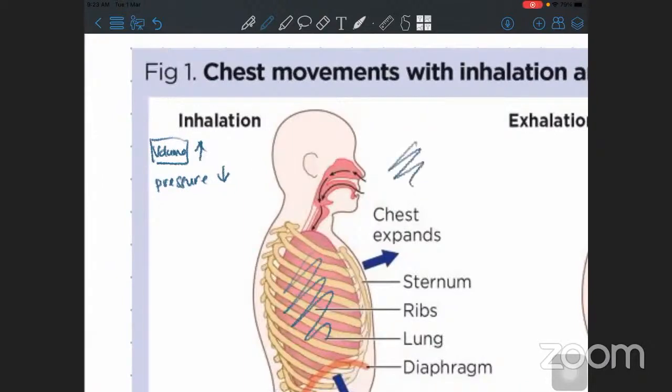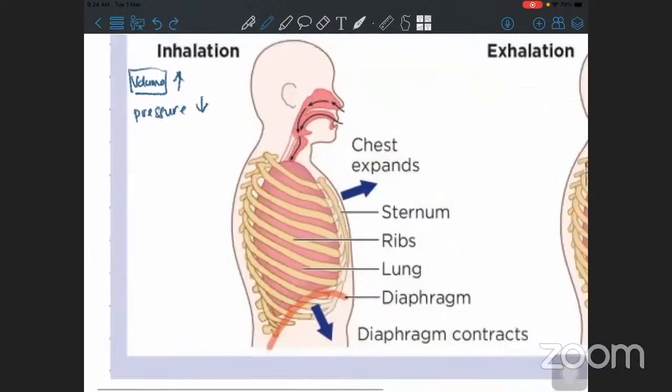This allows the air to flow in through the lung. It goes through the trachea, the bronchus, the bronchioles, and lastly to the alveoli.